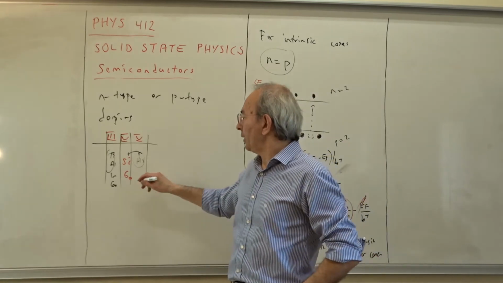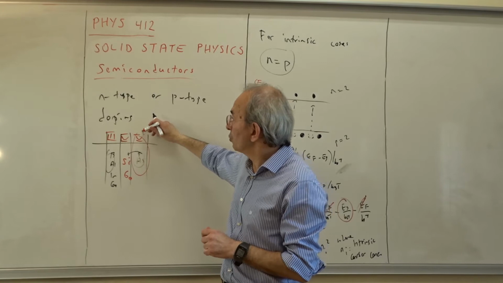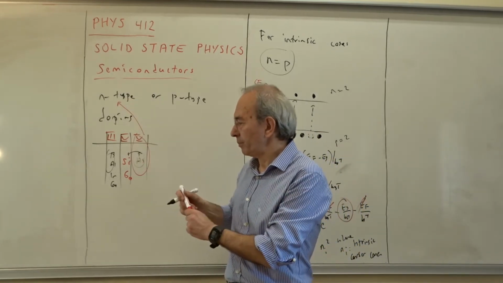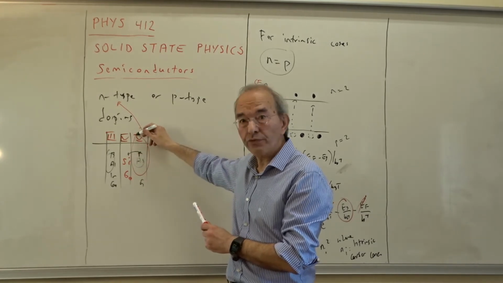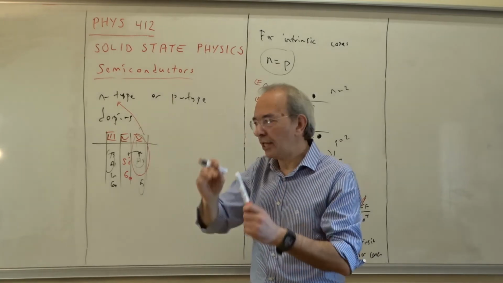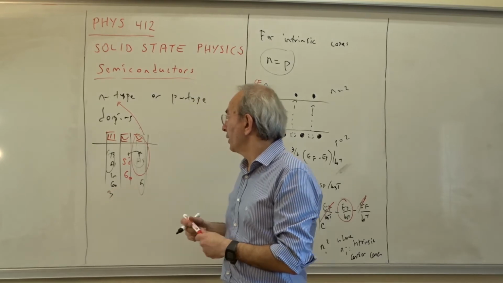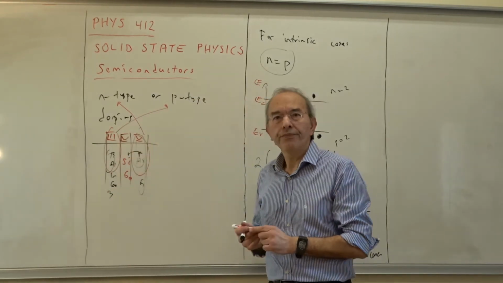Alright, if you choose group 5, this corresponds to N-type doping, because arsenic, phosphorus, etc. have 5 valence electrons in their outermost shell, and group 3 elements have 3. So if you use one of them, this means P-type doping.